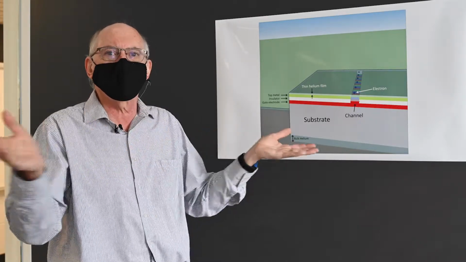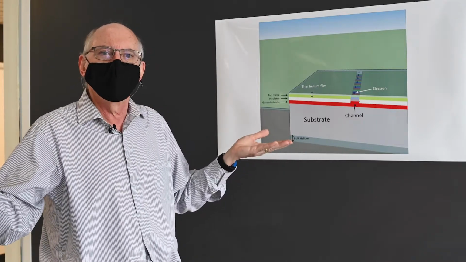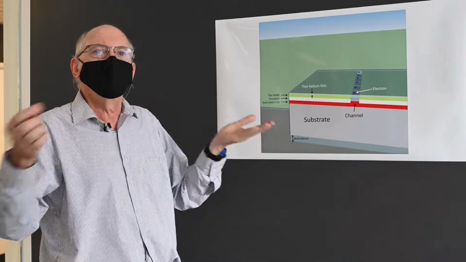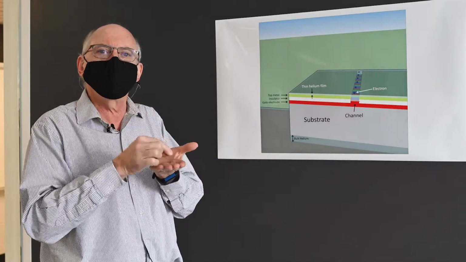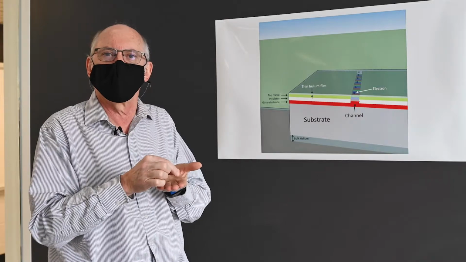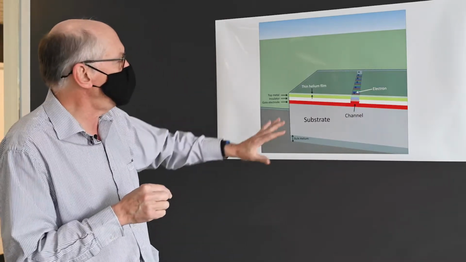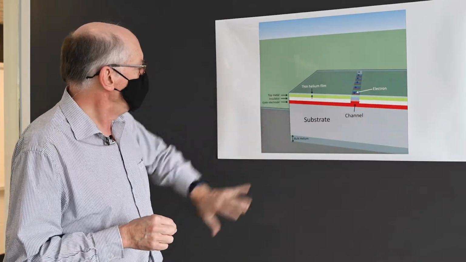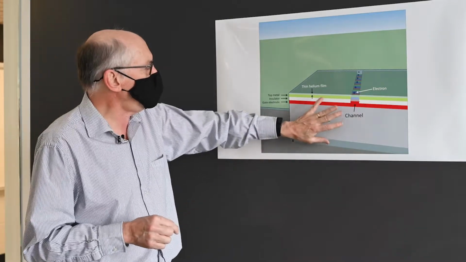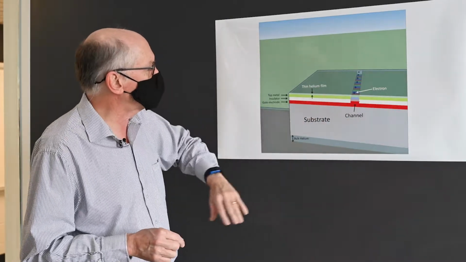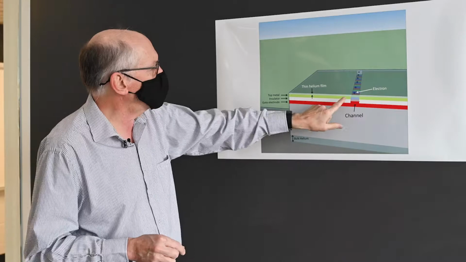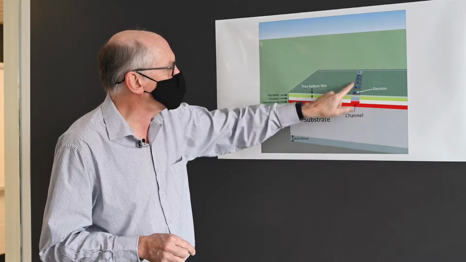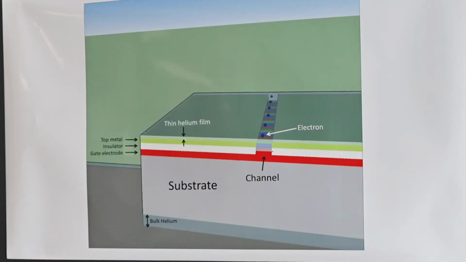But then there's still this question of, well, we have this liquid, how do we actually make devices out of that? And the way we do that is shown here. We have our structure, there's a substrate, a channel here, and we have some gates here that are holding that channel at different voltages underneath them.